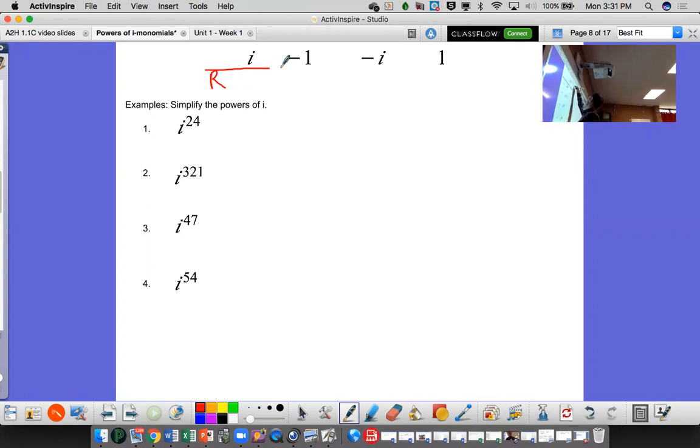If we divide the exponent by 4 and we get a remainder of 1, it's an i. If we get a remainder of 2, it's -1. If we get a remainder of 3, the answer is -i. And if we have no remainder, if it's perfectly divisible by 4, the answer is a 1.